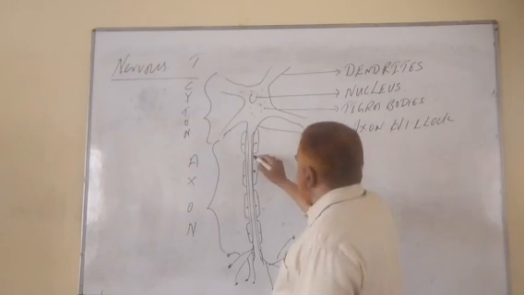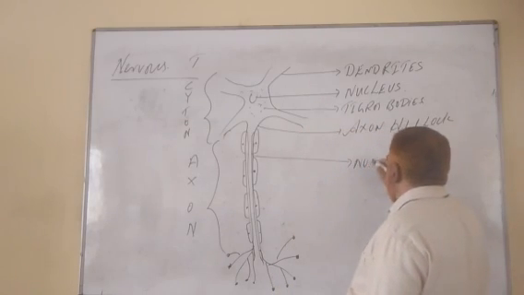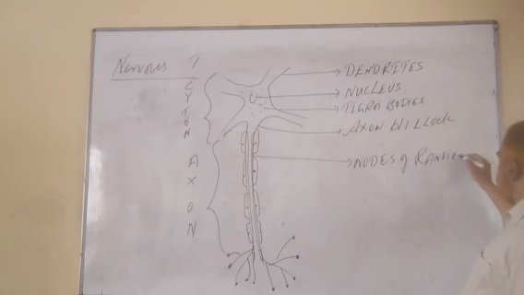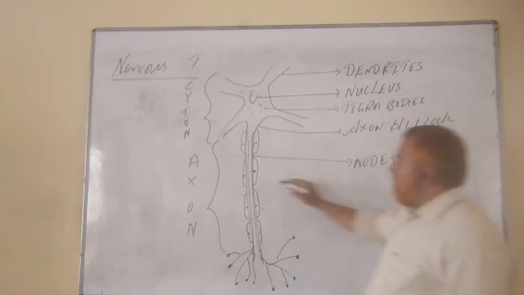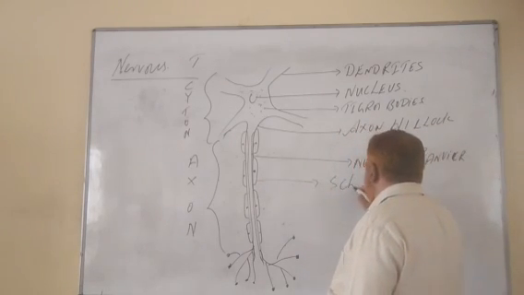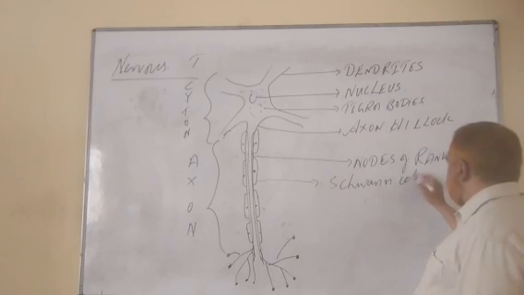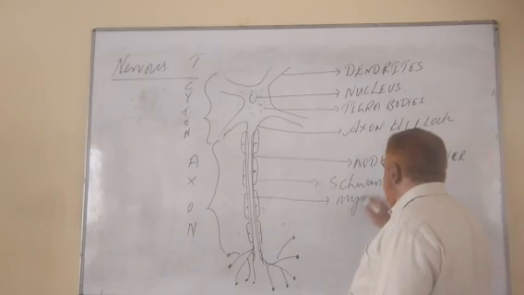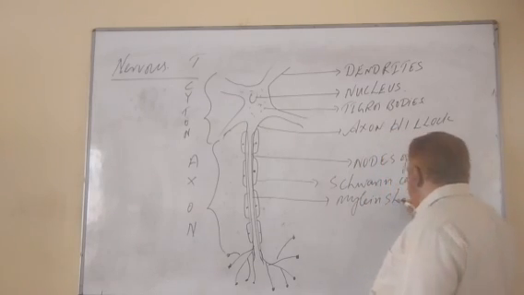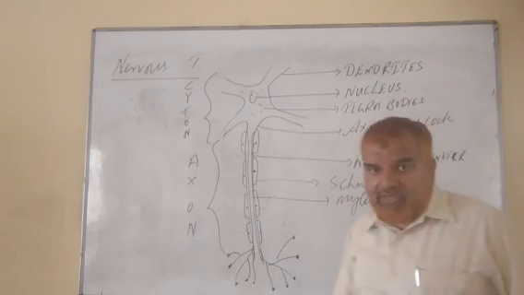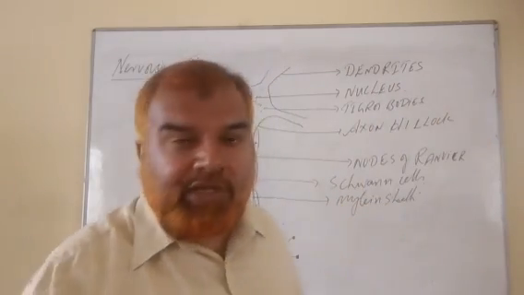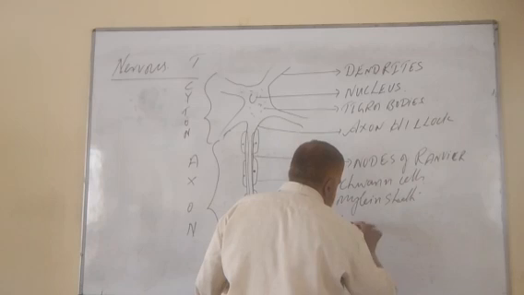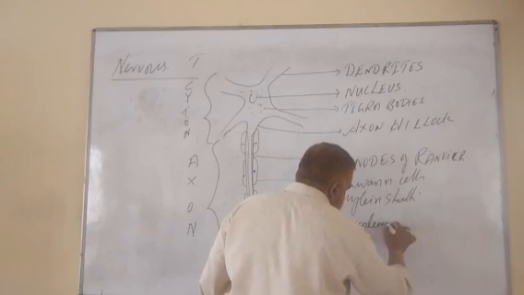Then nodes of Ranvier. Schwann cells. Clear? Myelin sheath. If the myelin sheath is present, then it is known as a myelinated neuron. If the myelin sheath is absent, it is a non-myelinated neuron. Then one more: neurilemma sheath.